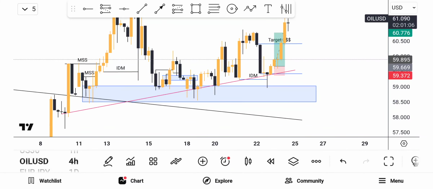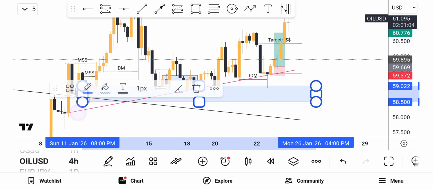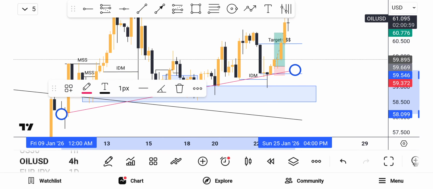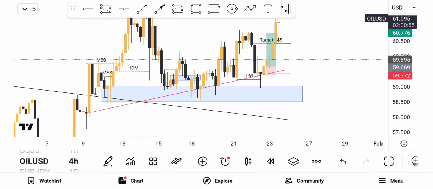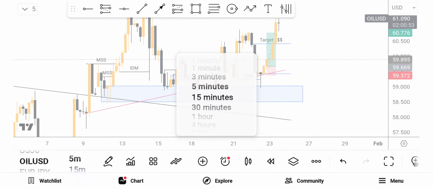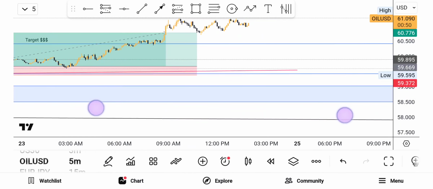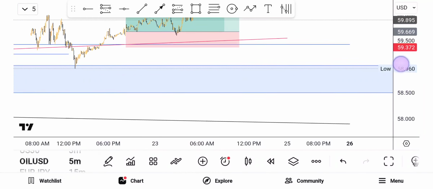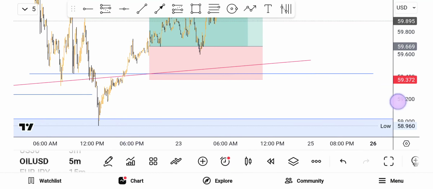Then the second confluence was this candle, which gave me a trend line for a buy, a bearish trend line. Now you go to your lower time frame to find your entry.